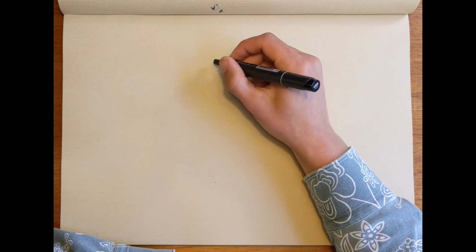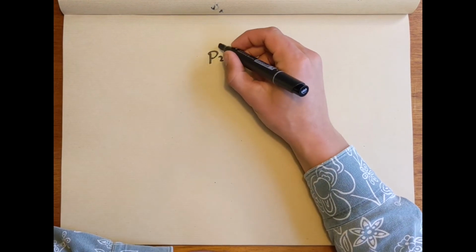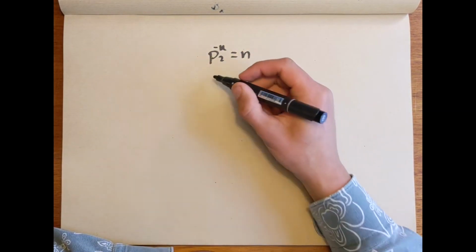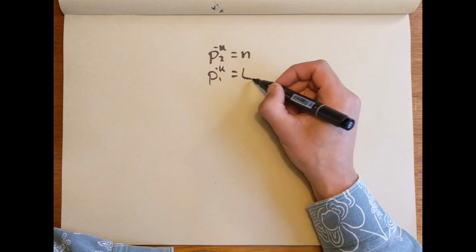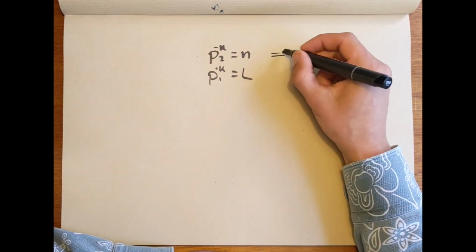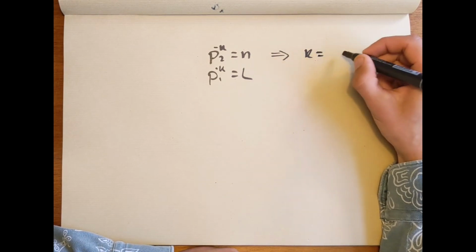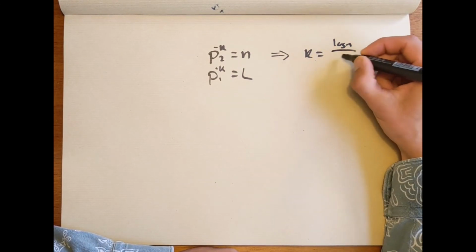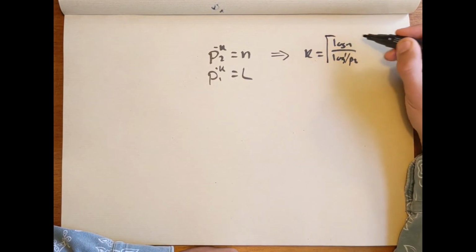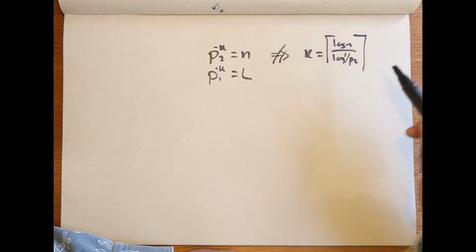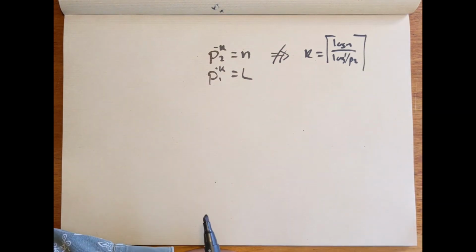We still have these two equations that said p2 to the minus k should be equal to n, and p1 to the minus k should be equal to L. And from this one, we got that k should be equal to log n over log 1 over p2. But we now rounded it up, so it's not really implied, but this is how we chose to pick it.